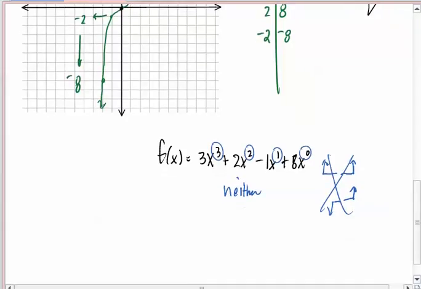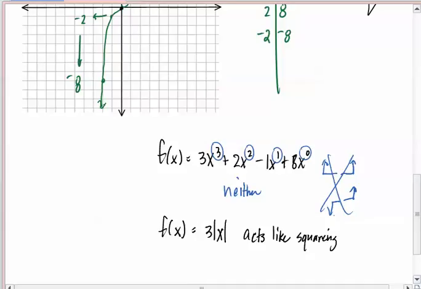And one last situation that you might come across would be this. What about absolute value? Because, Ms. Savelle, absolute value doesn't have a power with it. Well, if you think about it, in terms of what it does to the input, absolute value acts like squaring.